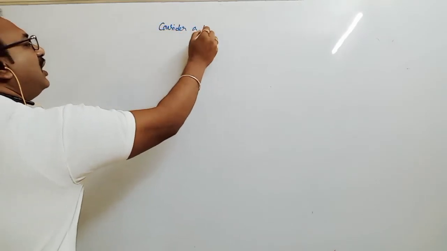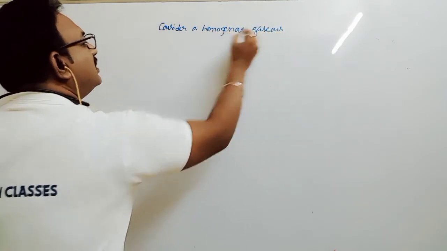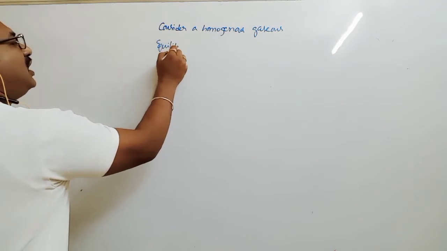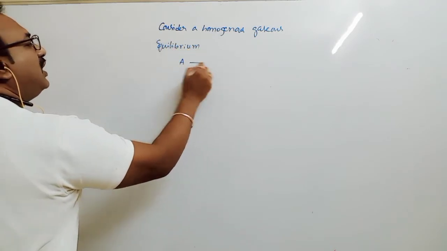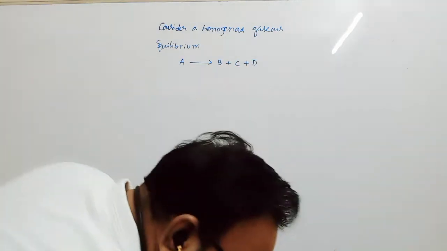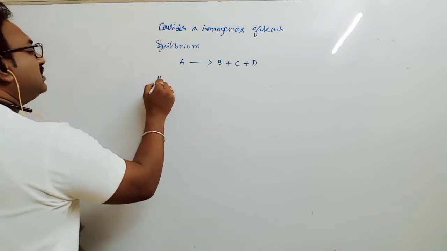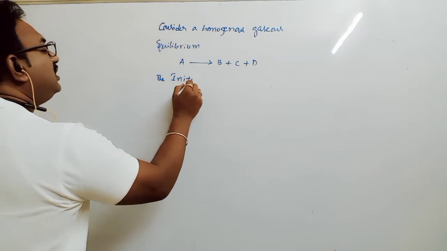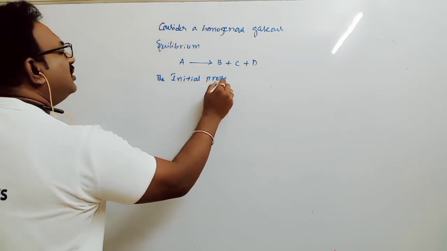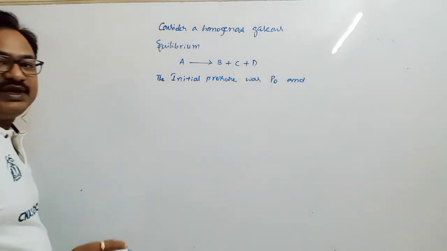A gives rise to B plus C plus D. The initial pressure was P naught.